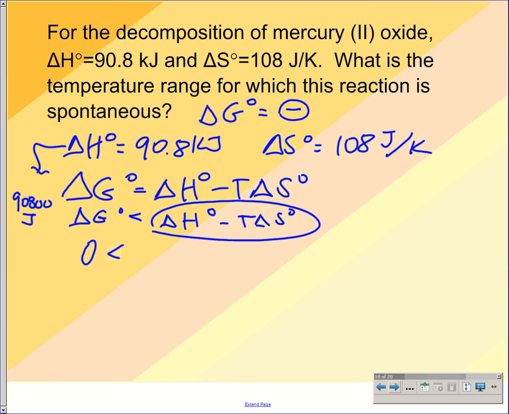So if ΔH is 90,800 joules minus T times ΔS, which is 108 joules per Kelvin, substituting 0 in for ΔG allows us to complete the final calculation, because you can't do it with two variables in there. So this T, we have to solve for.